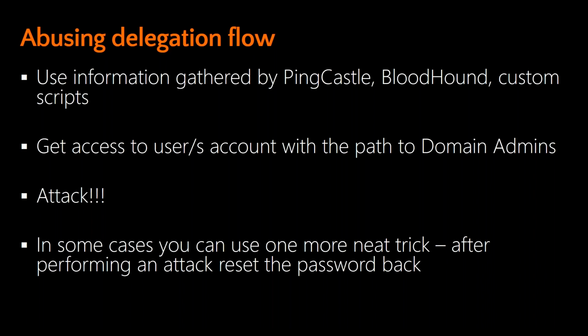This is a common situation in a lot of companies. Once we find it, sometimes we can try to attack immediately, depends on the setup. Sometimes we have to wait until something strange will happen.